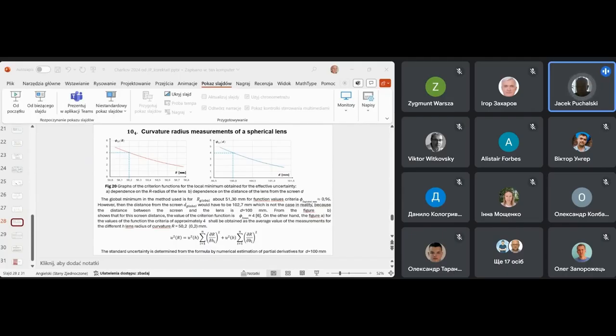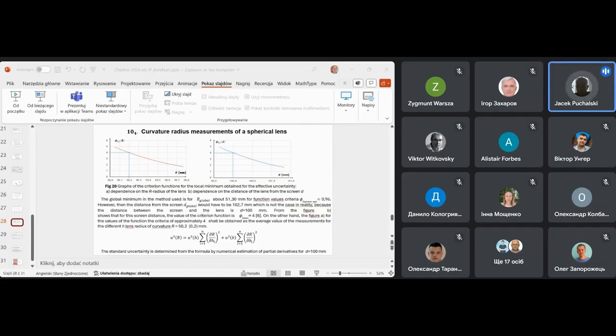It's different from the measurement made very precisely at the beginning of measurement. So it's a different value. The correct value is 100. So we must shift the minimum, and the minimum for this case is for criteria function the value 4.